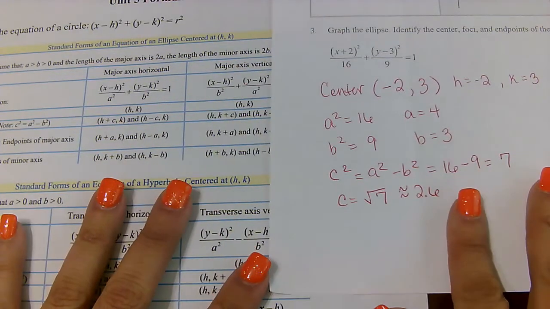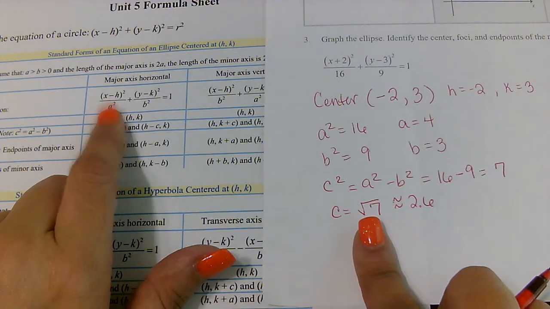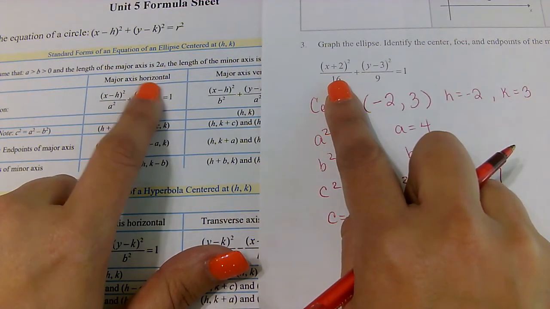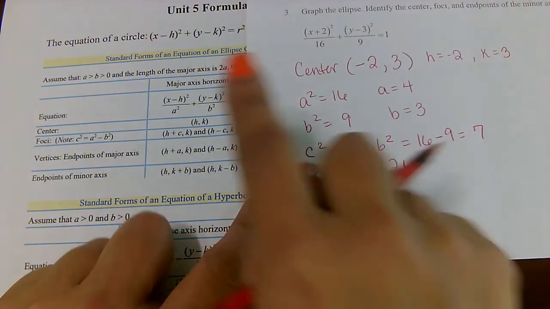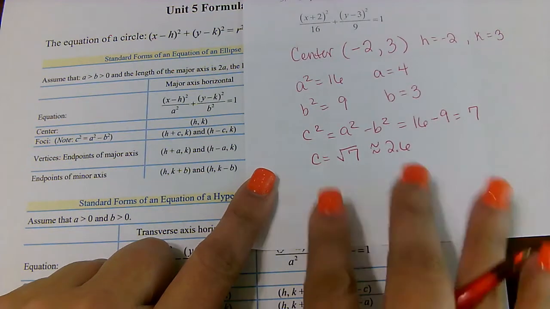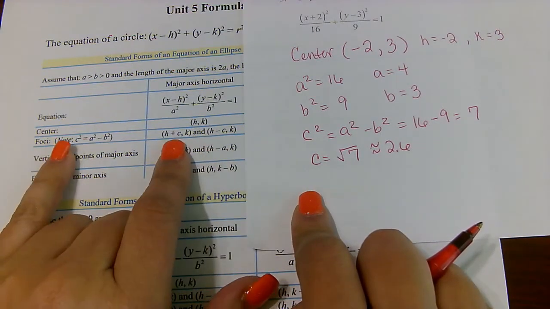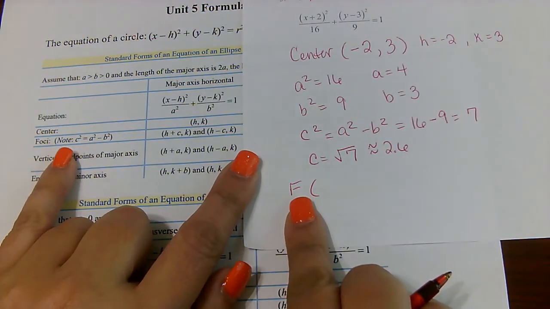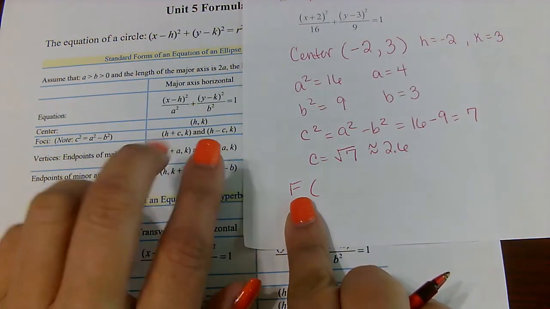Let's go ahead and figure out what our equation is. Since our a squared is 16, which is the bigger number, we have a major axis that is horizontal. So we'll be using these set of equations. It's easy to just cover up the other set. Let's look for our foci, which is this equation here. Our foci, which I'm going to denote as an F from now on, is going to be our h.